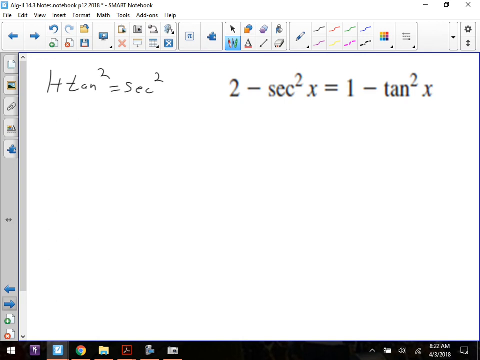Everybody okay with that? Now, if I bring secant squared over and move tangent over, I get 1 minus secant squared is negative tangent squared. I subtracted secant and tangent.